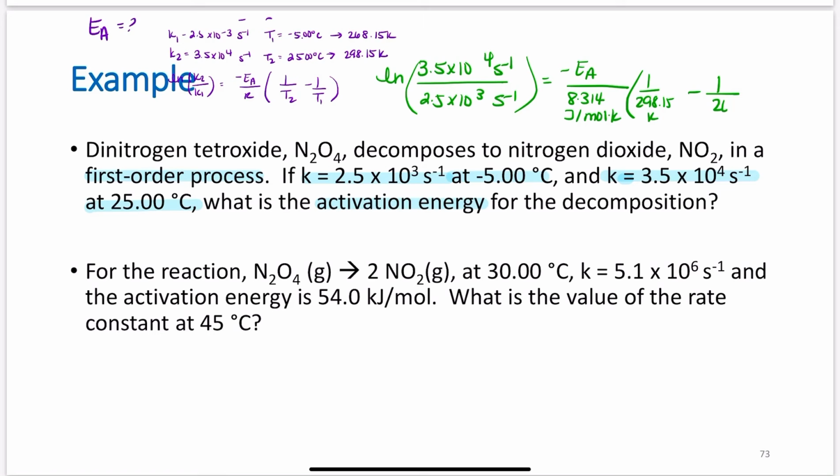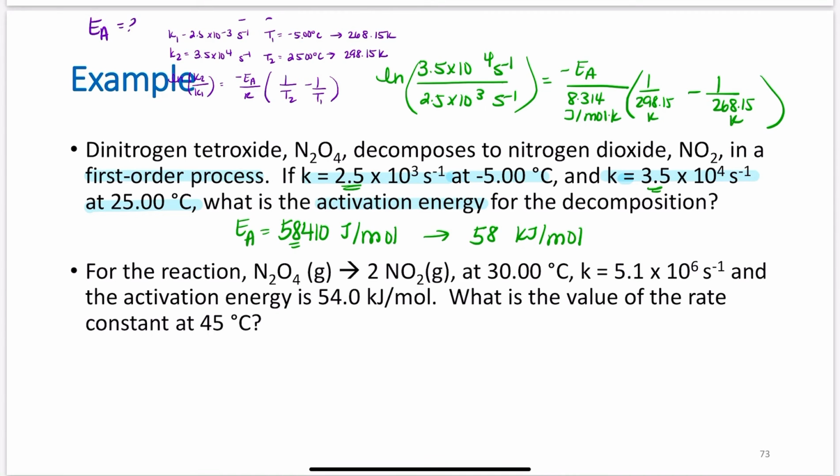Minus 1 over 268.15 K. Solve for activation energy, E sub A. 58410 joules per mole. Sig figs are here because there's 2 sig figs here and 2 sig figs here. And you can convert that to kilojoules if you would like. 58 kilojoules per mole. So the activation energy of that reaction is 58 kilojoules per mole.